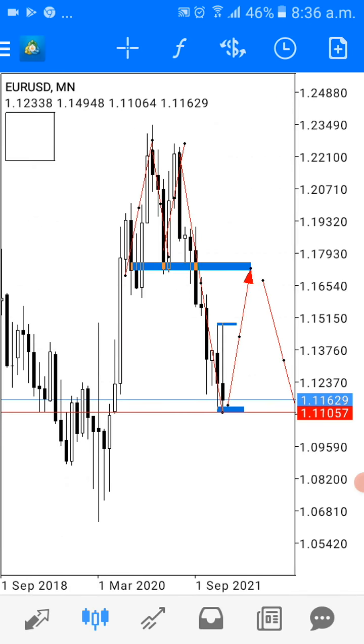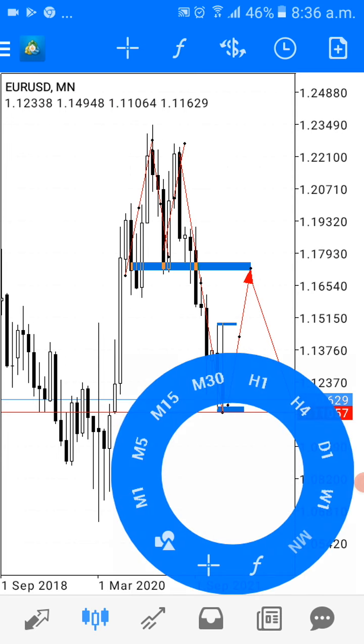Now that we can see we're on the zone of support and resistance, this is my analysis: we should be expecting price to go up on a monthly time frame.